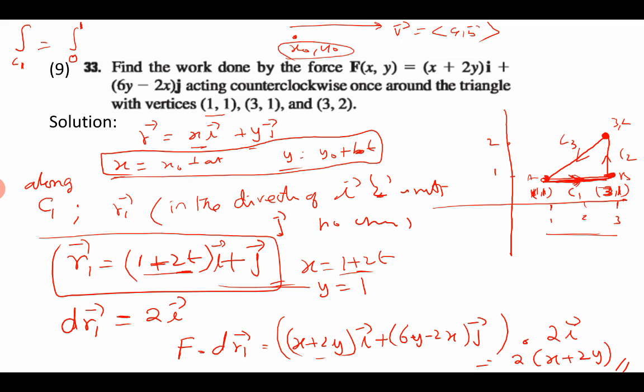This is the rule. So 0 to 1, x is 1 plus 2t, 1 plus 2t plus 2 times y is 2. And there is a 2 outside. dt.